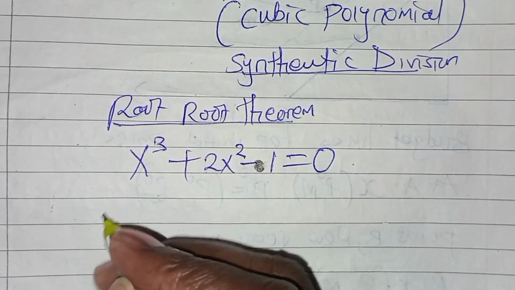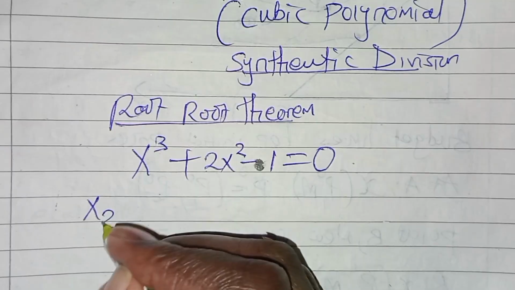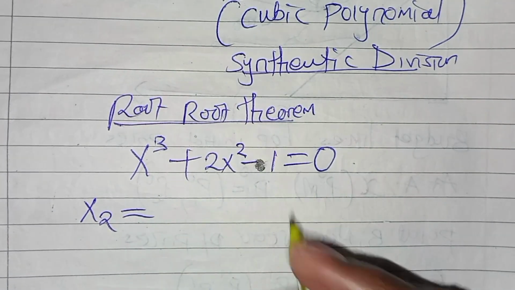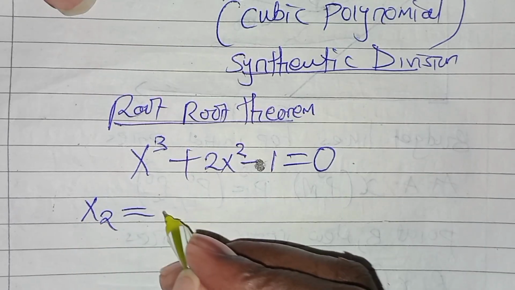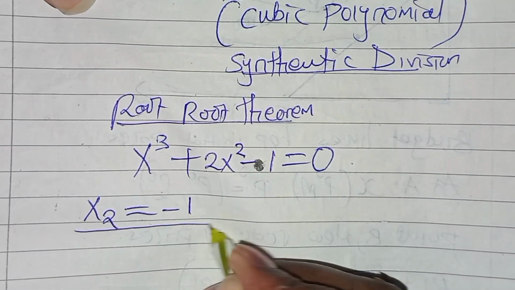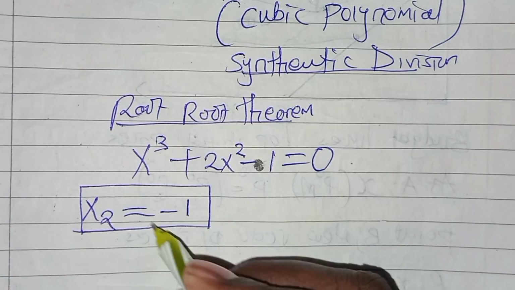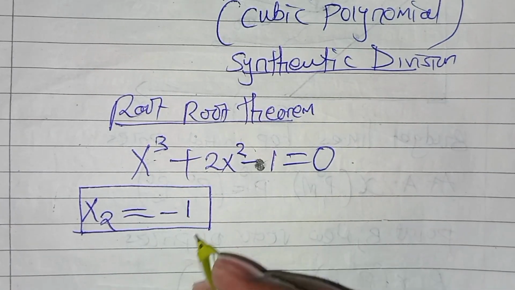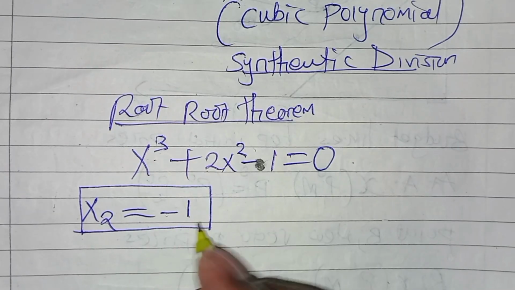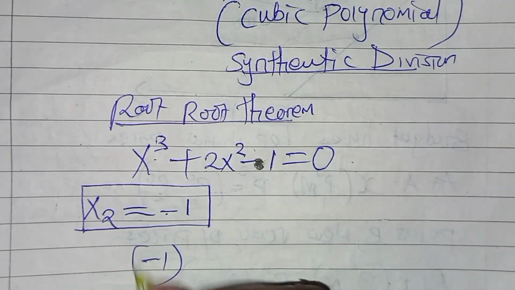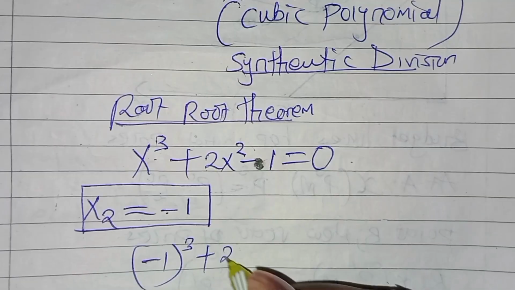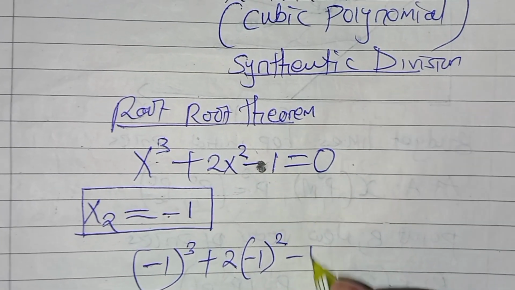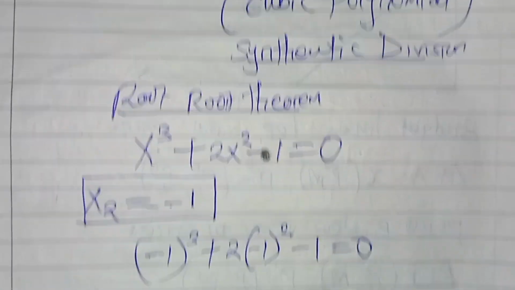Now let's fix x2. We are applying the rational root theorem. Given that x2 is equal to negative 1, let's check if negative 1 satisfies this cubic function. Substituting negative 1 into the function, we'll have negative 1 cubed plus 2 multiplied by negative 1 squared, subtract 1, equal to 0.